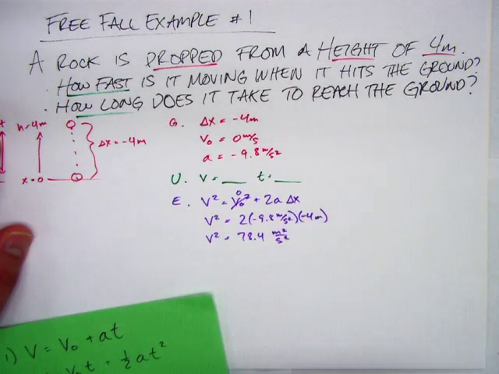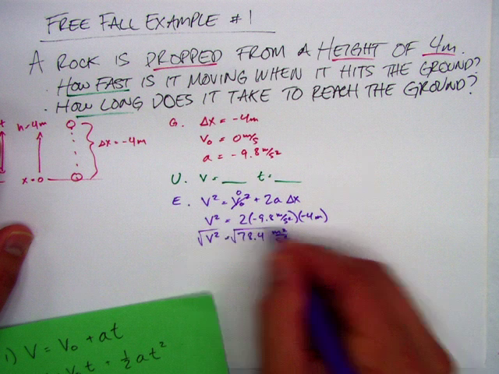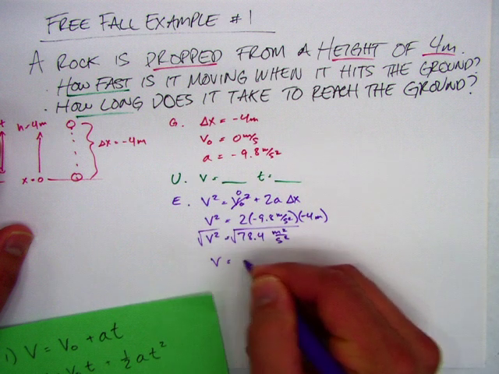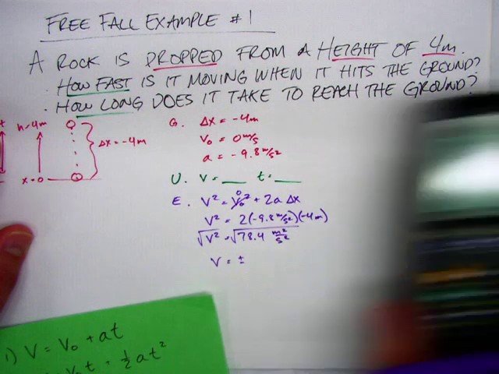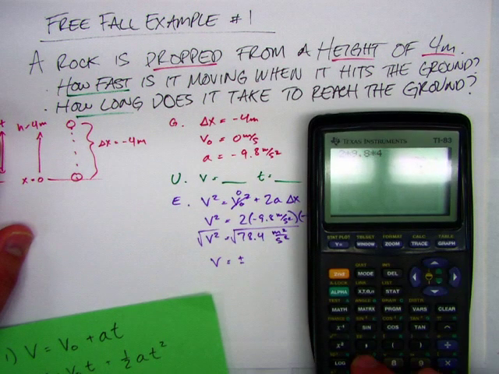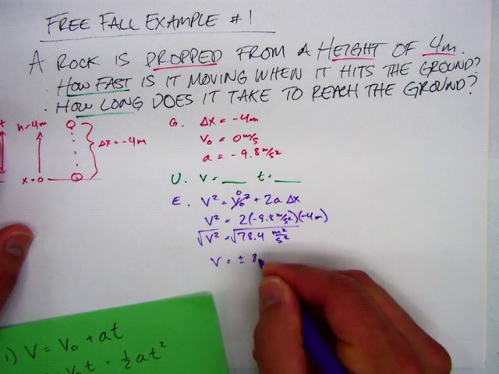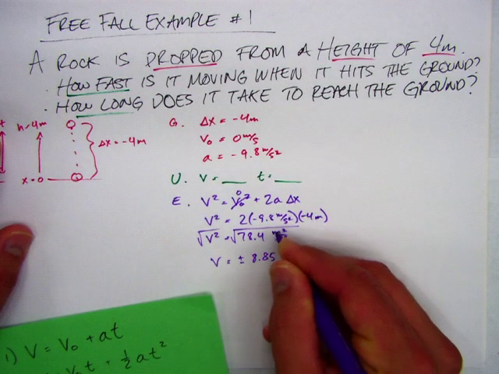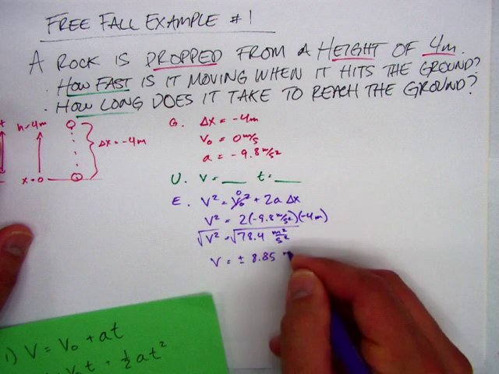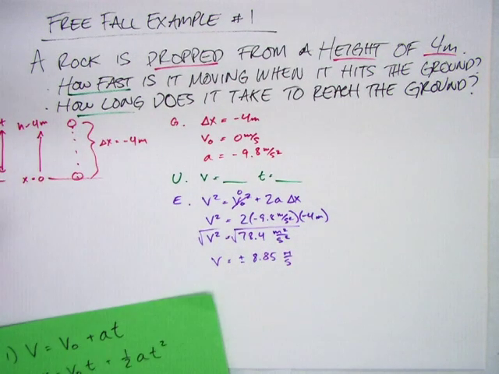Now, v squared, so I have to square root it. So I get v is plus or minus the square root of 78.4, 8.85. And then meters squared over second squared gives me meters per second. Well, what is it? Is it plus 8.85 or minus 8.85?